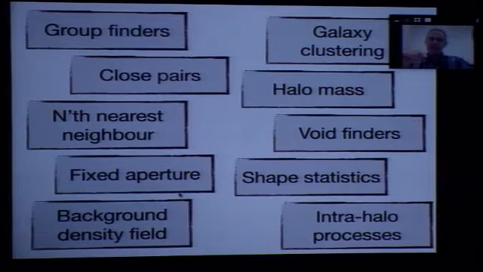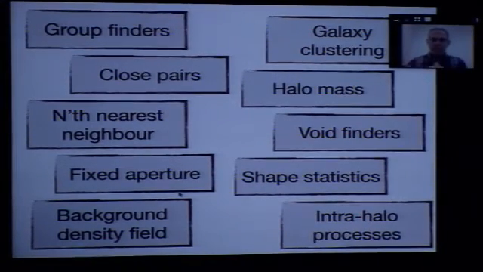How far is that? That gives you a number, like a distance. And that quantifies your environment. So if you're in a very empty region, that number is going to be large. You're going to have to go a long way from the galaxy to find the 5th nearest neighbor. So large values reflect very sparse environments, whereas if the number is small, then you're in a dense environment.